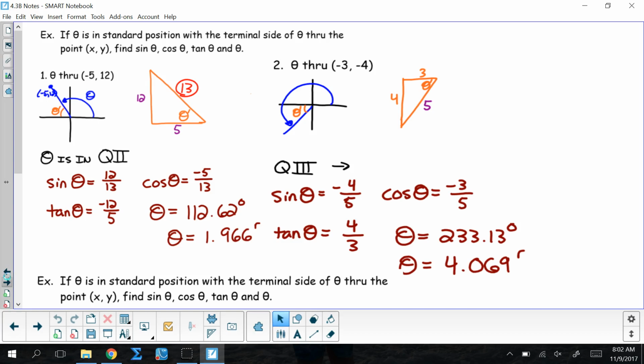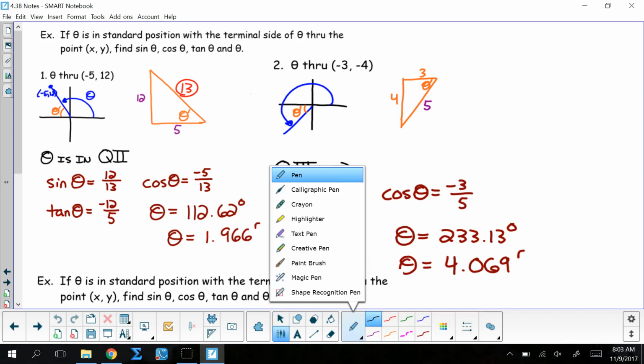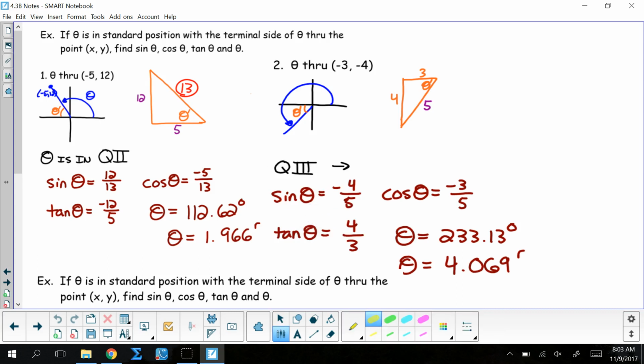Specifically, I want you to look at theta, or the point that theta goes through, I should say, and the sine, the tangent, and the cosine.